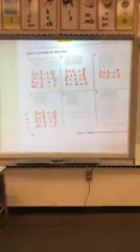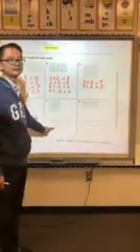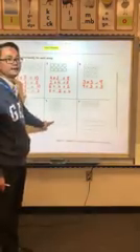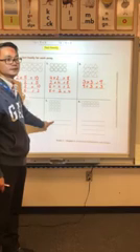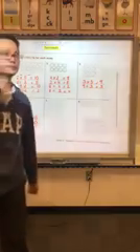Okay, let's do number 5 on your own. This one is just 2 lines, which means 1 multiplication and 1 division. Go ahead, do it.